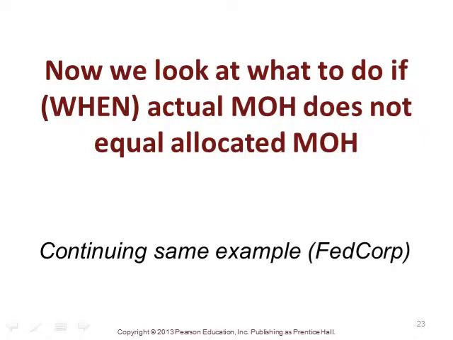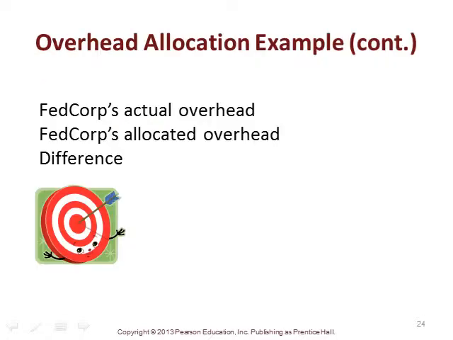So now we look at what to do when manufacturing overhead does not equal allocated manufacturing overhead, and that's exactly where we are now, right? We estimated $200,000 in manufacturing overhead. It actually came in at $190,000, right? And so to answer this, we need to know what FedCorp's actual overhead was.